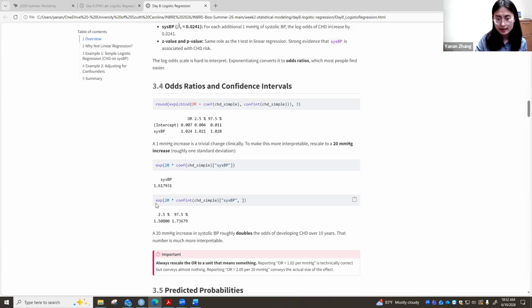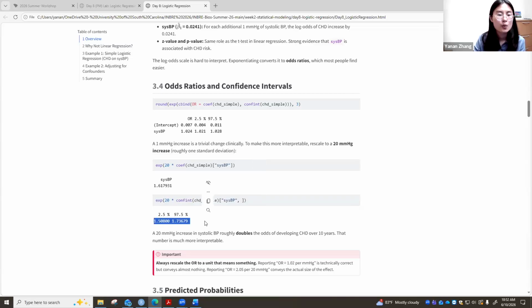Similarly, we can get a confidence interval corresponding to a 20 unit increase. Again, we first rescale on the log odds scale, then transform back using the exponential.